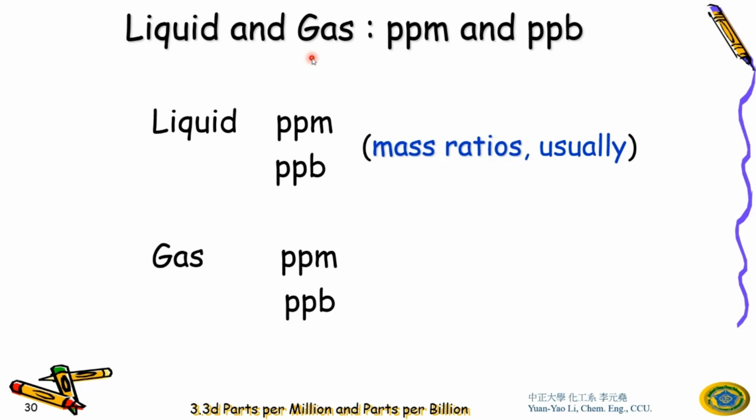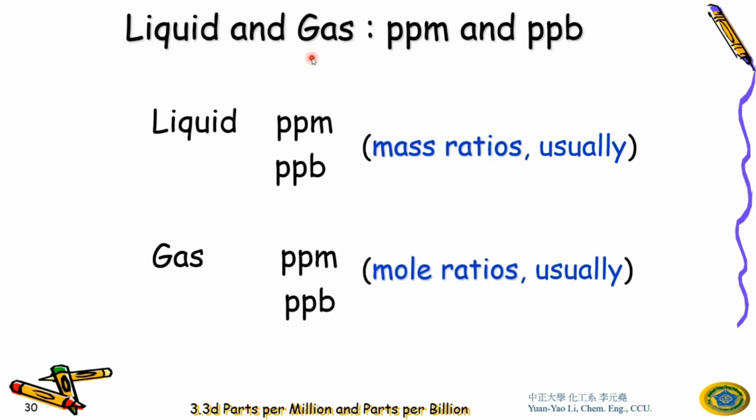What you can use is mass. So in the liquid phase, you use mass ratios usually. So if I have 5 ppm, that means what? You have 5 grams, for example, out of 10 to 6 grams. Okay, so this is a dimensionless quantity.